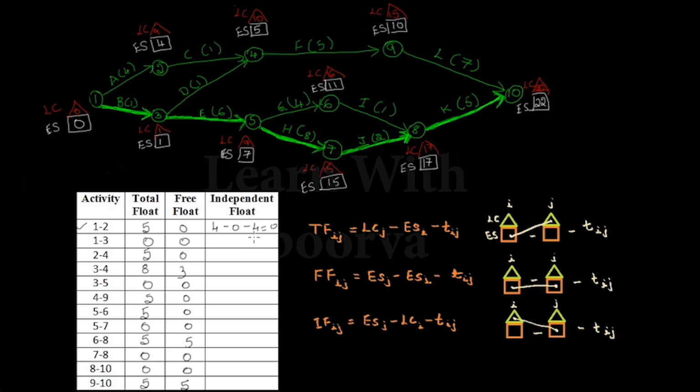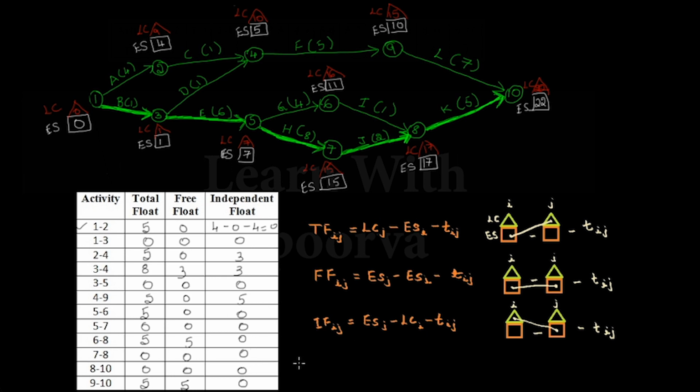Similarly, using the same formula, if I calculate it for the rest of the nodes, I will get 0, 3, 3, 0, 5, 0, 0, 0, 0, 0 and 0. So this is the value for the independent float that we will get for this problem.